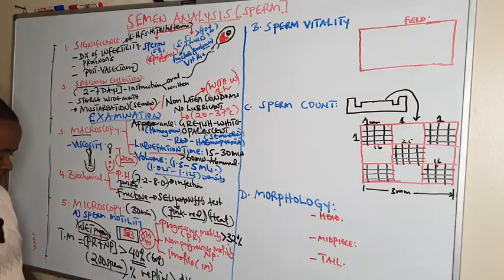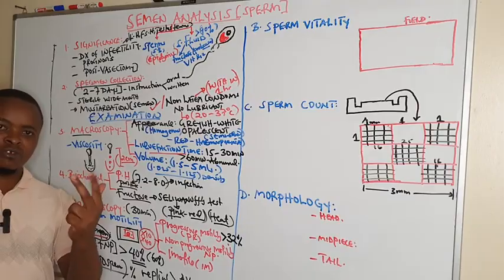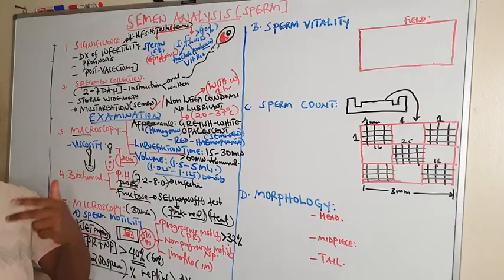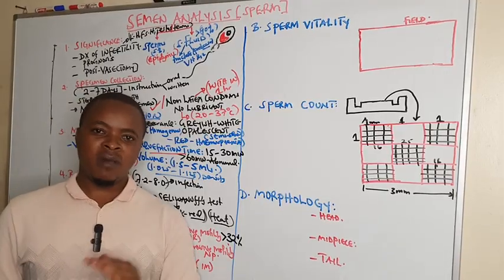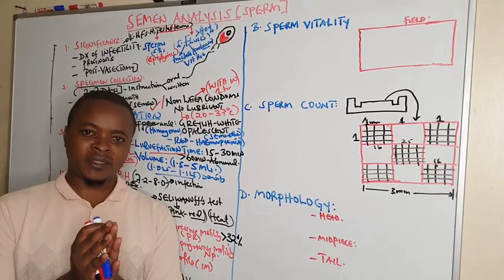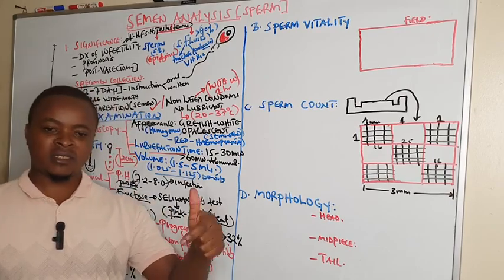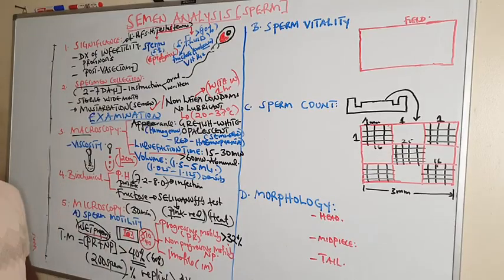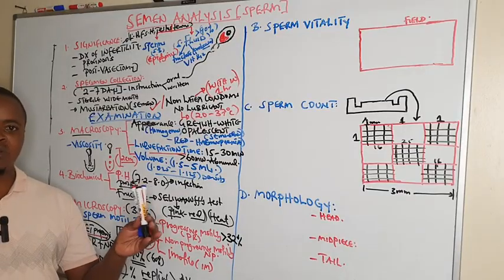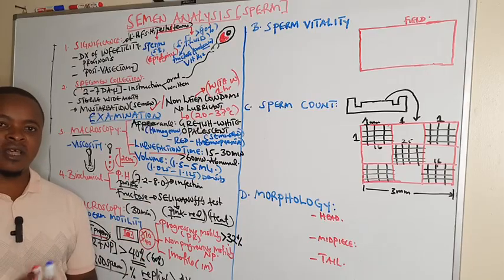In case the first 2 replicates do not agree, and you find the difference is greater than 10 between the 2 replicates, you have to discard those results and repeat, mix, and then do another 2. That is in case they are not acceptable, whereby the difference between the 2 readings is greater than 10.